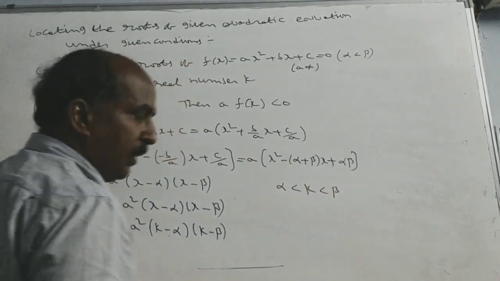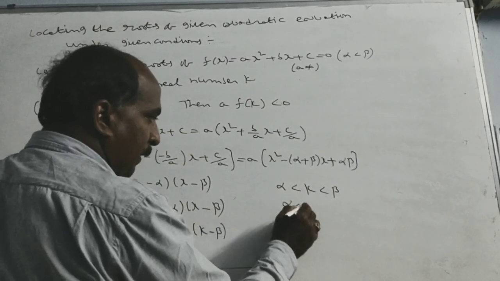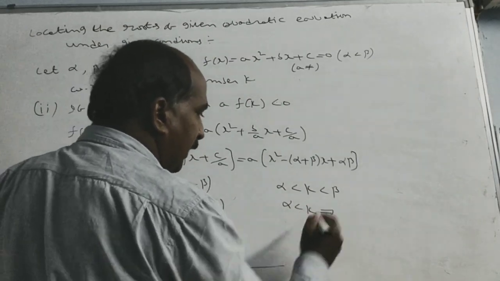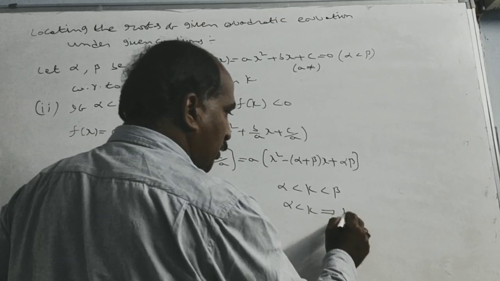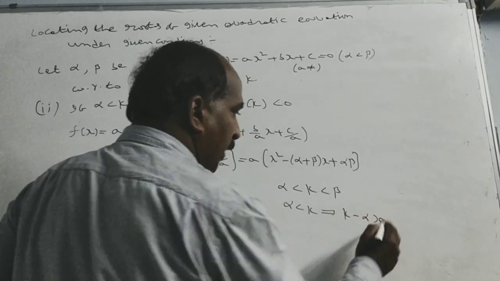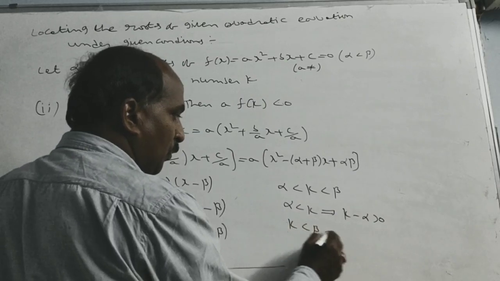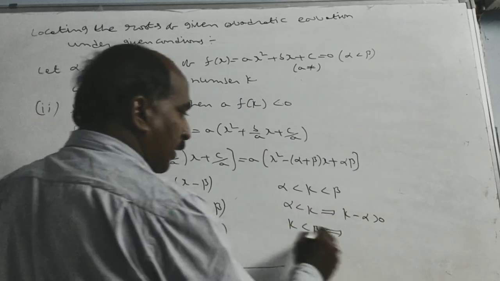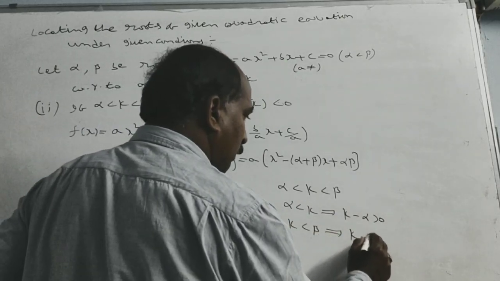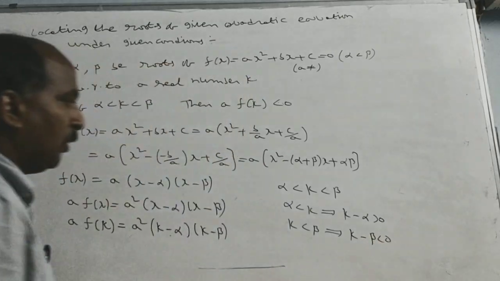If we take alpha less than k, then we get k minus alpha positive. If we take k less than beta, then we get k minus beta less than 0, negative.